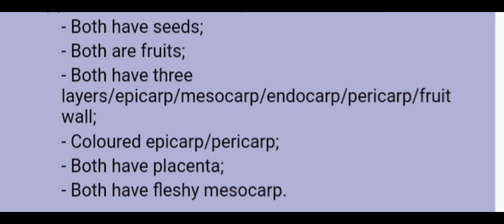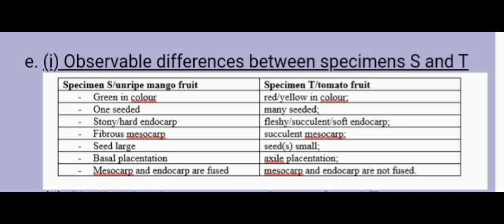Whether the seed is big in one and small in the other, they are seeds. So that's the similarity. Both of them have seeds. Okay, but the difference is that berry, like the tomato case, has many seeds, but drupe has only one seed. So when I say berry, you're thinking of tomato. I say drupe, you're thinking of mango.